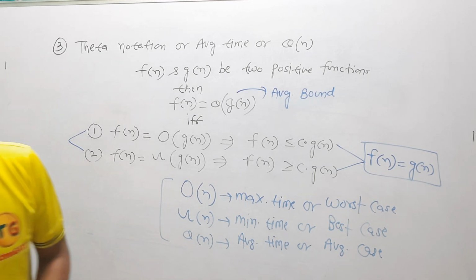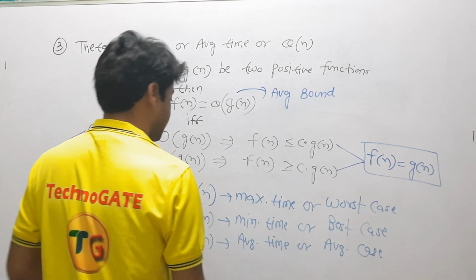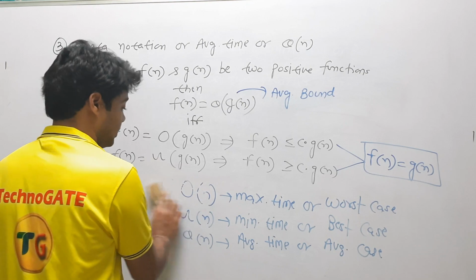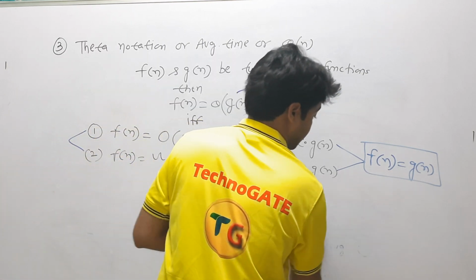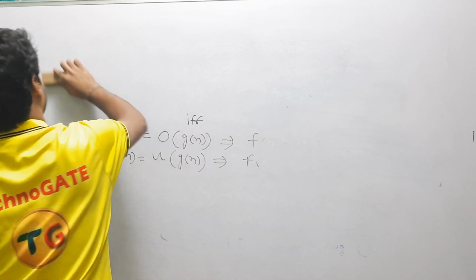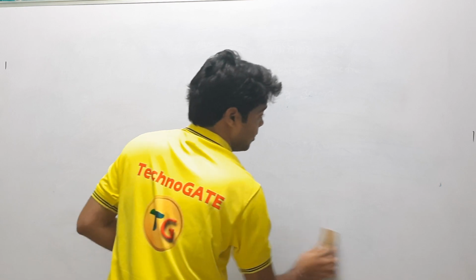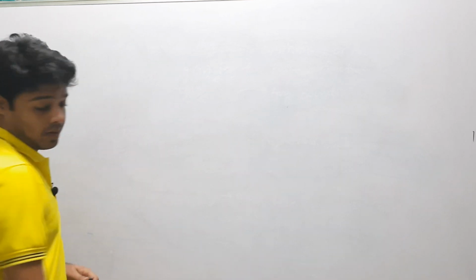Next, the asymptotic graph: how to represent these three notations through a graph.